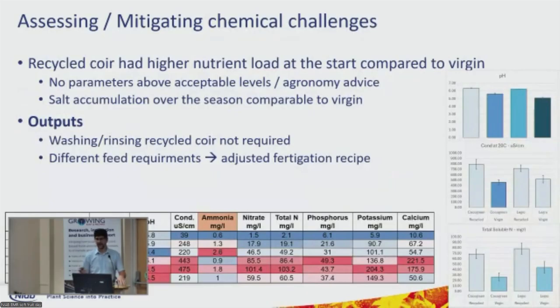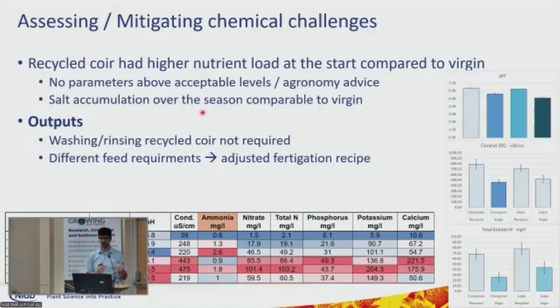And then when we looked at the chemical composition, that was quite clear. All the chemistry that we looked at in recycled was different from virgin, but the levels of difference were within manageable levels. So pH was higher in recycled than in virgin, but by very little, consistently by very little.